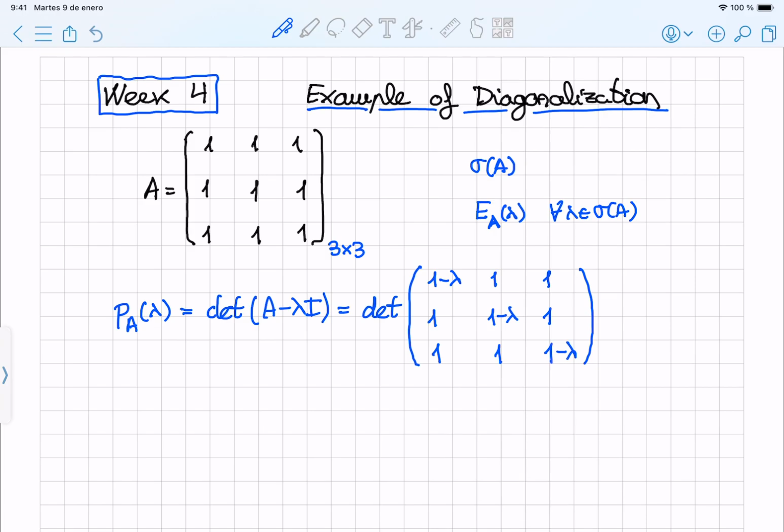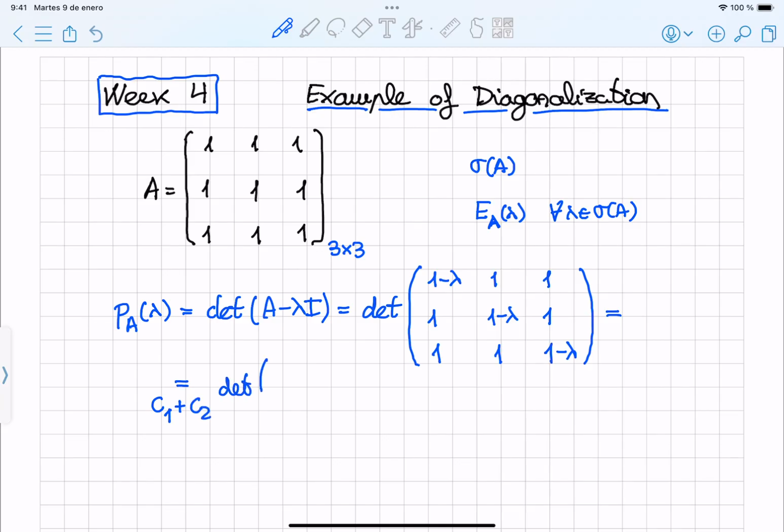You have trained yourself last week in computing determinants, and you already know a lot of techniques, so I'm just going to use some easy tricks for computing this. First I'm going to use some operations. I'm going to add to column 1 column 2.